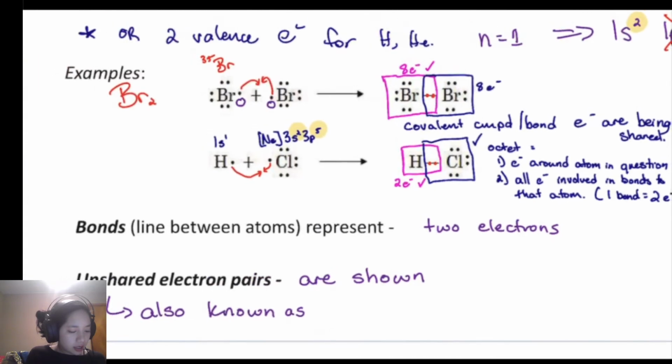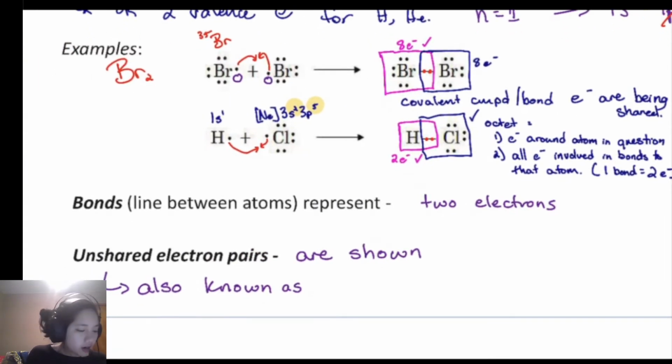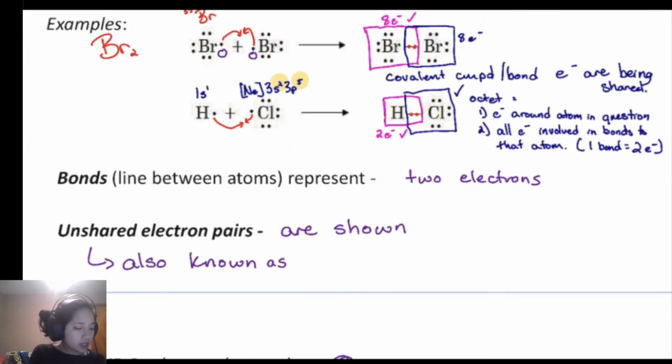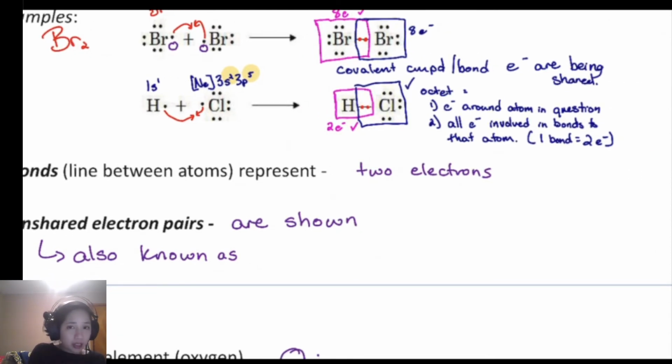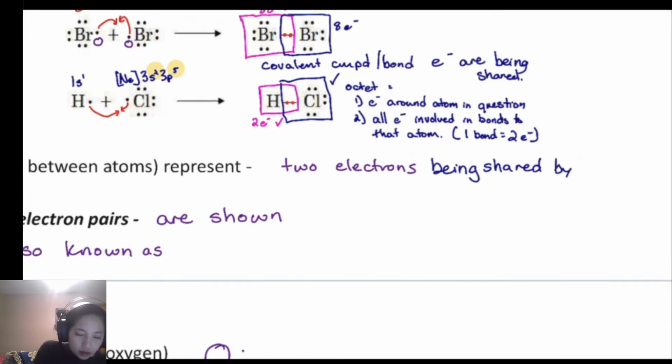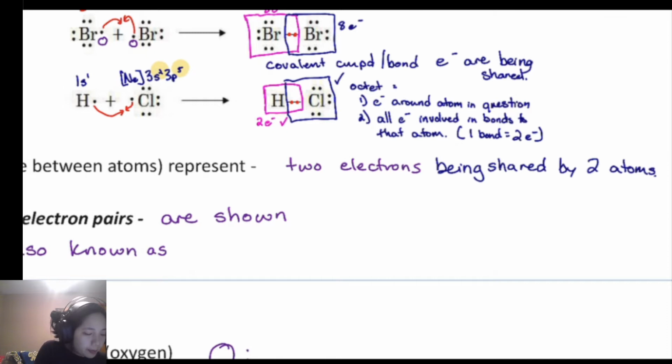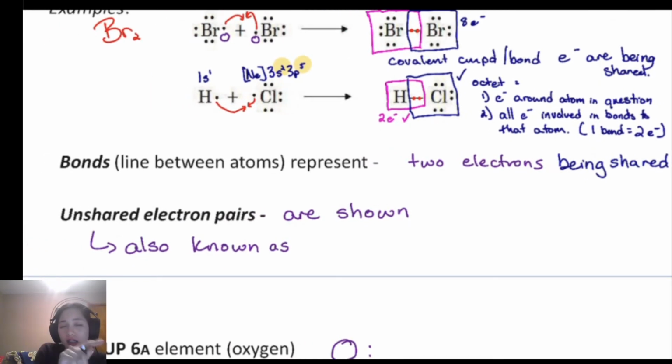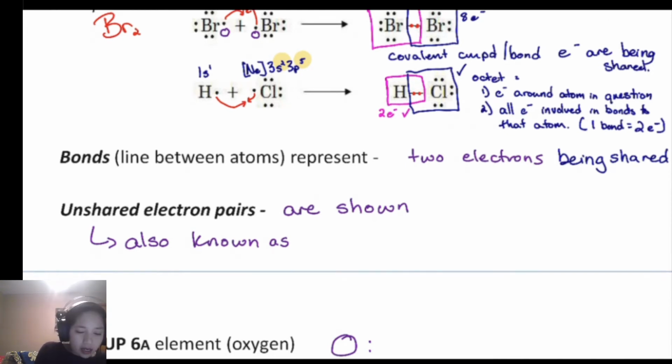Let me define a couple more things. The bonds, or the lines between the atoms, represent two electrons being shared by two atoms. And anything that isn't a line, when there are dots around the atom, those are unshared electron pairs, shown as dots.